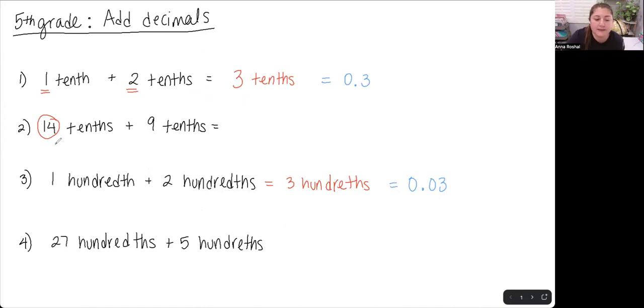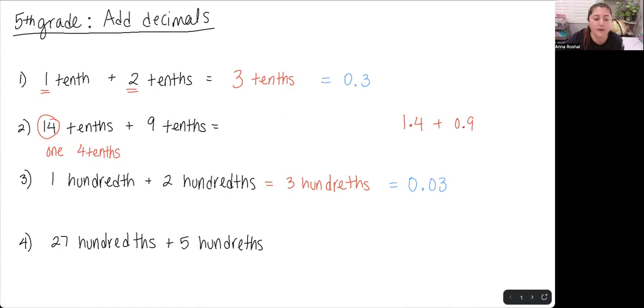If I had 14 tenths, that would mean I have one whole and 4 more tenths. So if I were to rewrite this as an actual number, that would end up as 1.4, plus the 9 tenths would be 0.9.